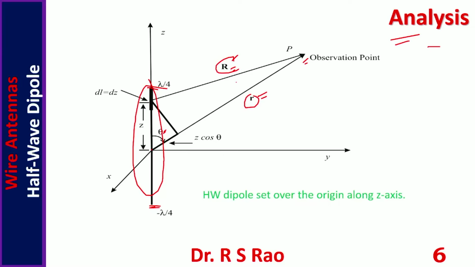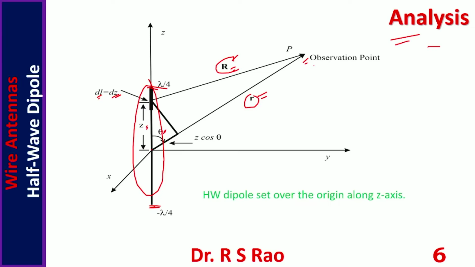Each one has its own individual meaning. Over the radiator, a small length is considered at a distance of z from the origin. Differential length dl. As it is along z axis, it is dz. dl is dz. Capital R is the vector joining dz to the observation point.